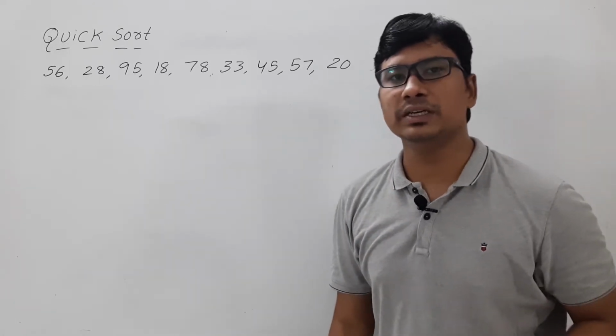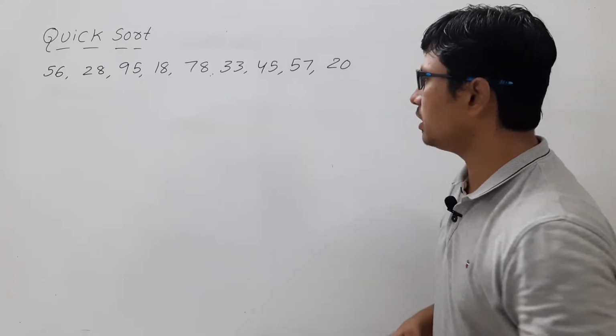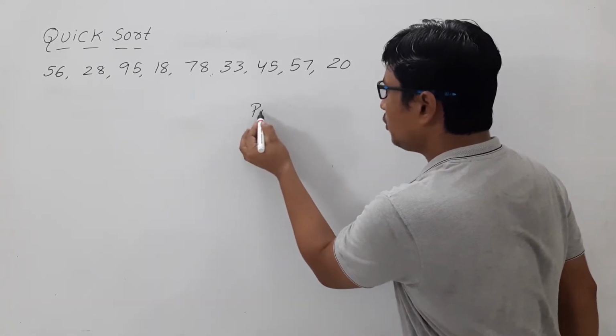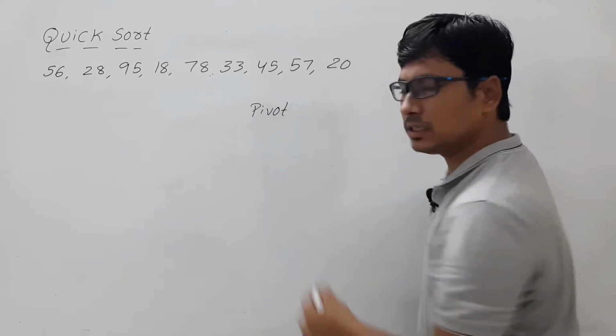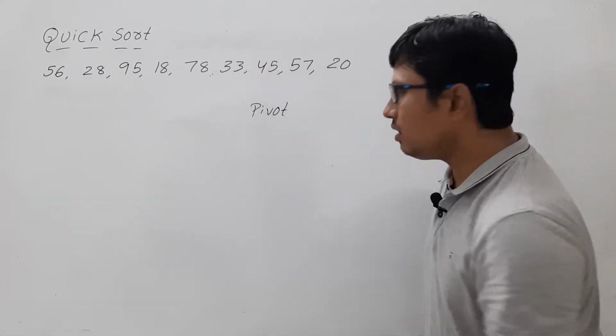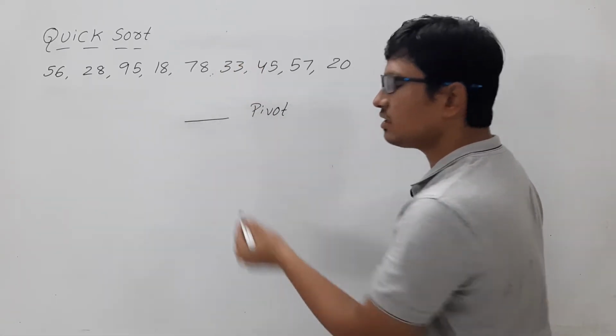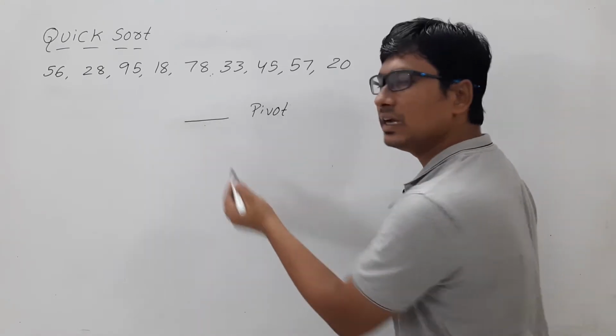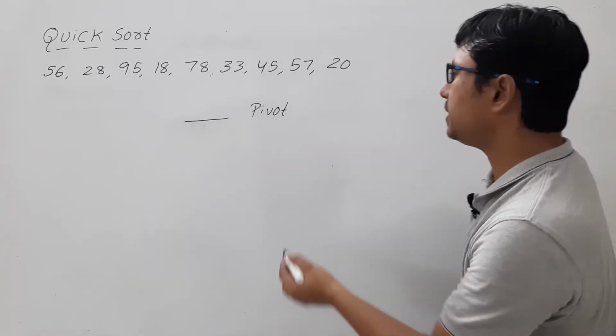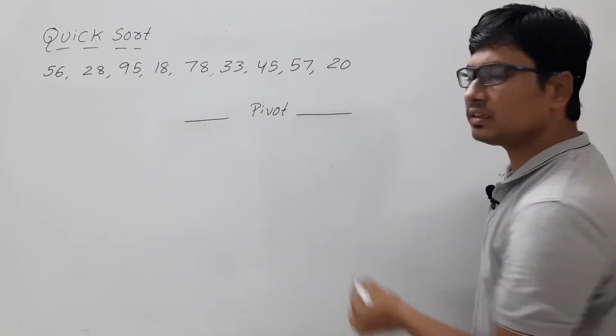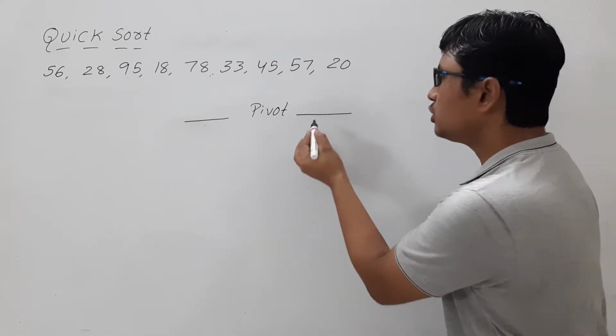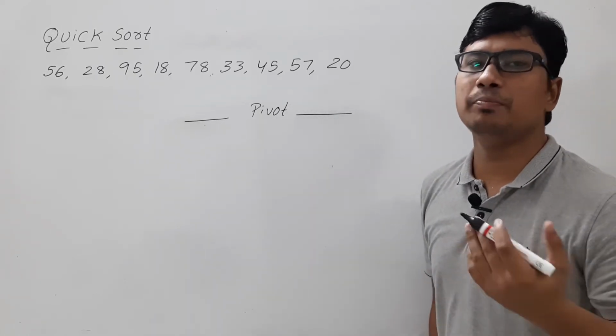Now you can ask me, sir, what is the role of the pivot element? You have to place the pivot element in such a position that all the elements on the left-hand side of the pivot are less than the pivot element, and all the elements on the right-hand side of the pivot are greater than the pivot element.